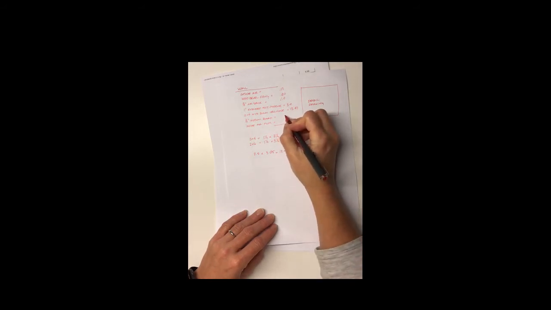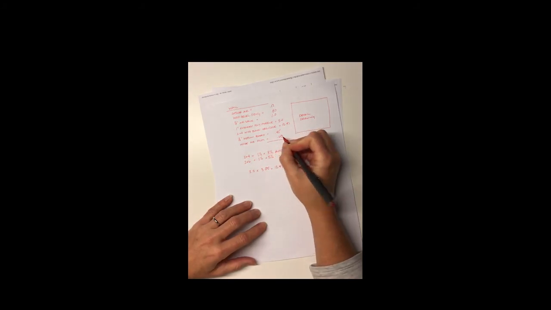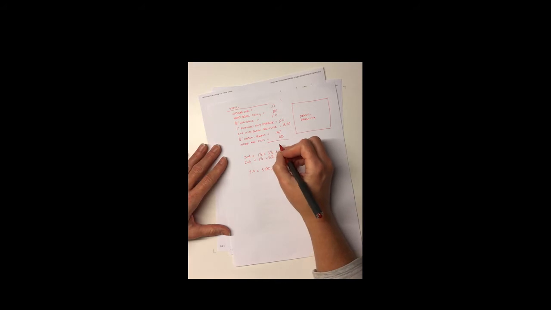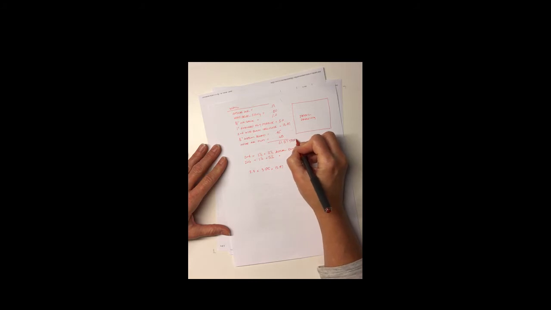So our R value is going to be 0.45, and then that inside air film is going to be 0.68. And so when I add those values up, I would get 21.57 for my total R value for the wall.